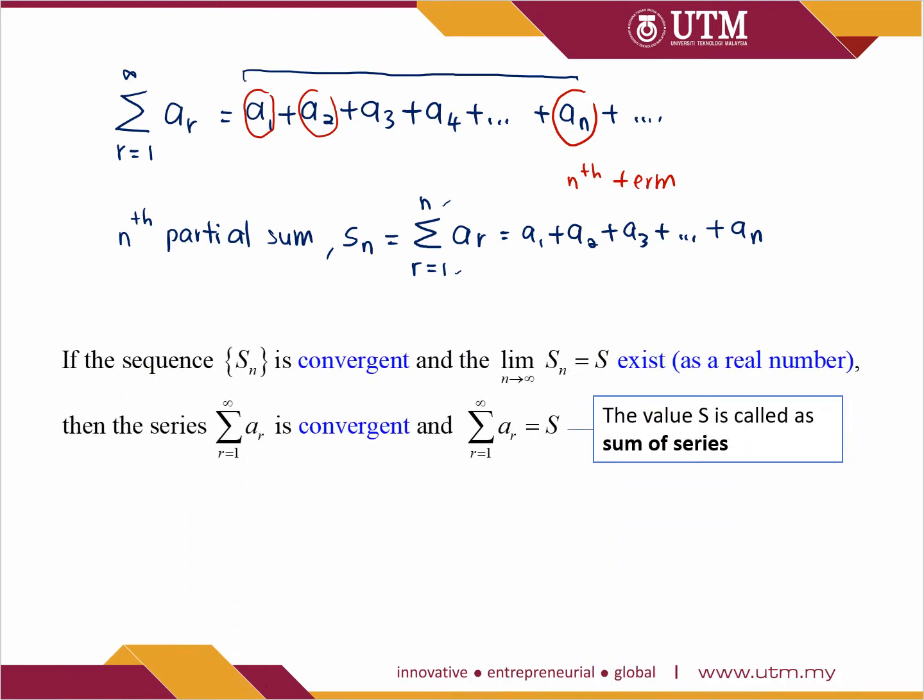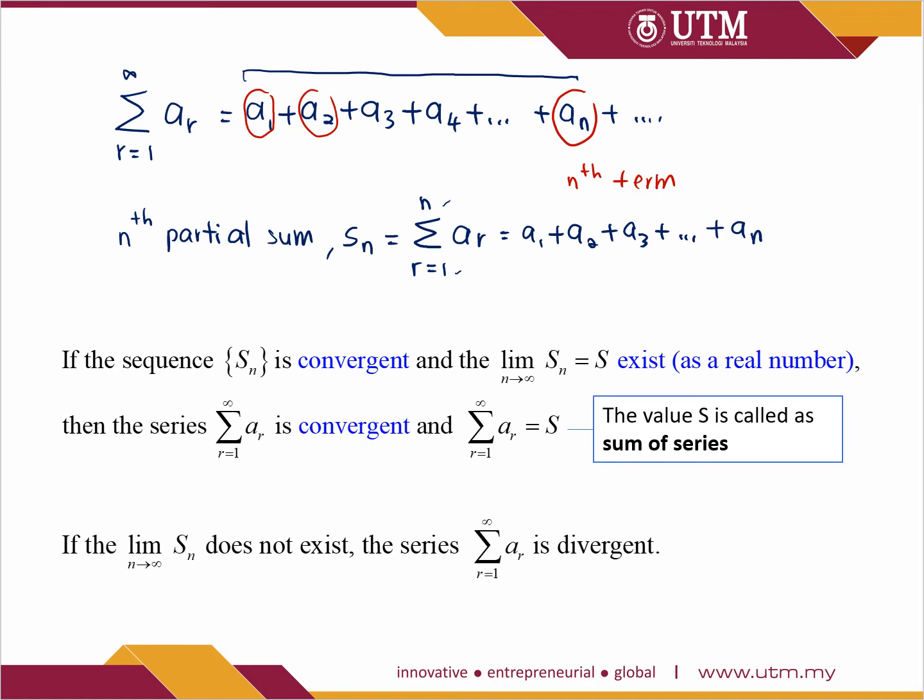So if the sequence of this nth partial sum is convergent and the limit of S sub n, where n approaches infinity, is equal to S, meaning that the limit exists as a real number, then the series of the summation of a_r, where r equals 1 up to infinity, is also convergent, and the infinite series of a_r would be equal to S. So this value of S is called the sum of the series.